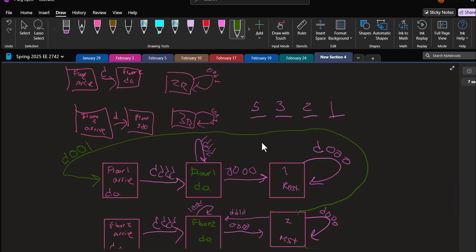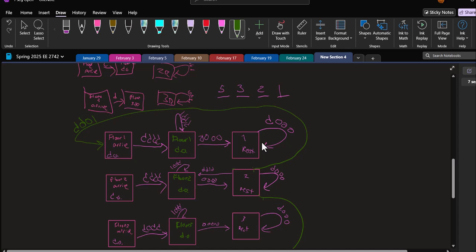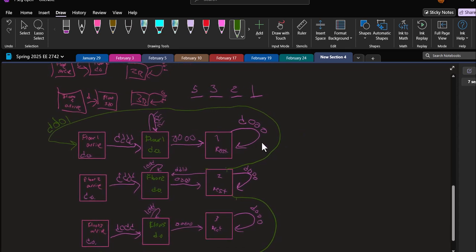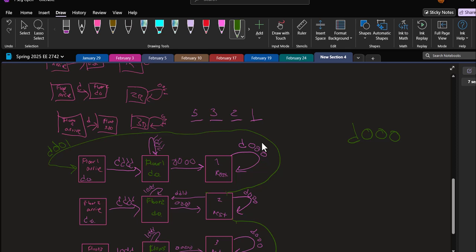And now we want to check and make sure that we have taken care of every possible combination of switches that could occur from this floor. So what we have is don't care 0, 0, 0. We have don't care 1, 0, 0. We have don't care 0, 1.